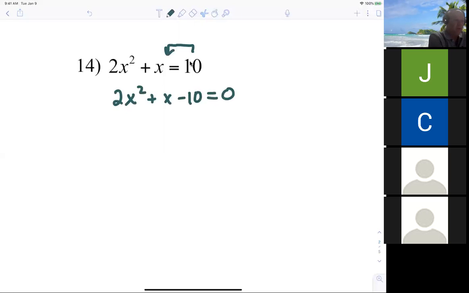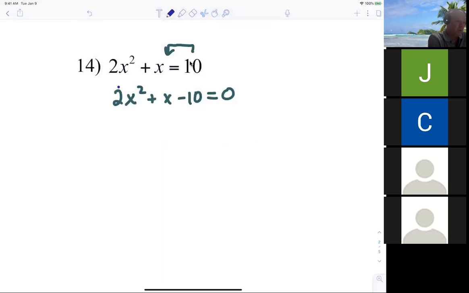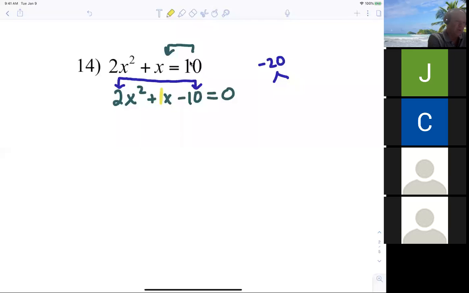But the question is, how do you know if you can factor? So here was the rule. A quadratic can factor if you multiply the first and the last term together. All right, so that's negative 20. Now I want the factors of 20 to equal the middle term. And the middle term here is a 1.